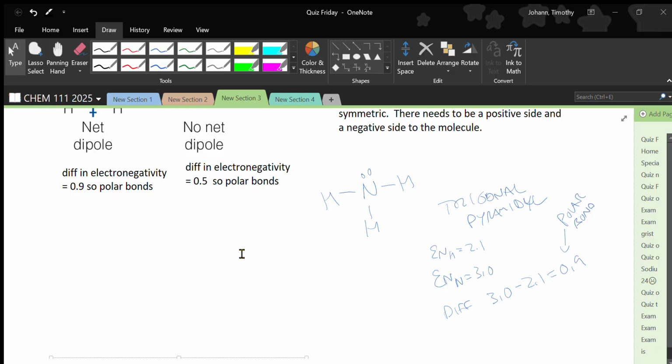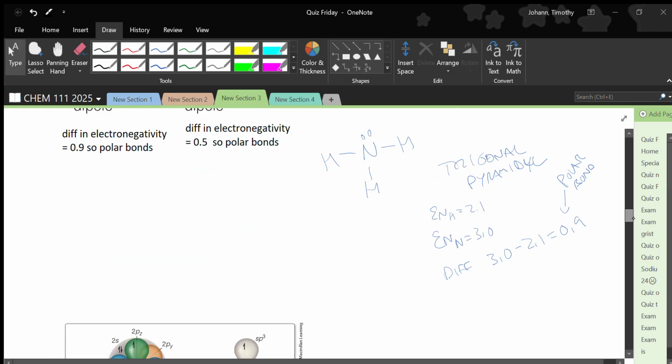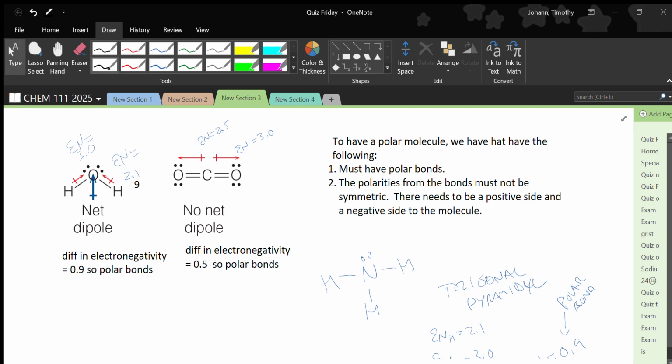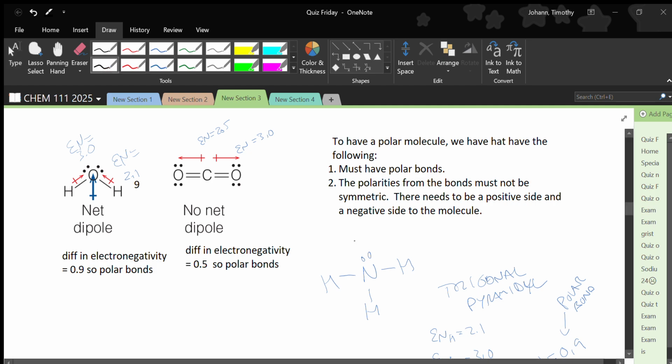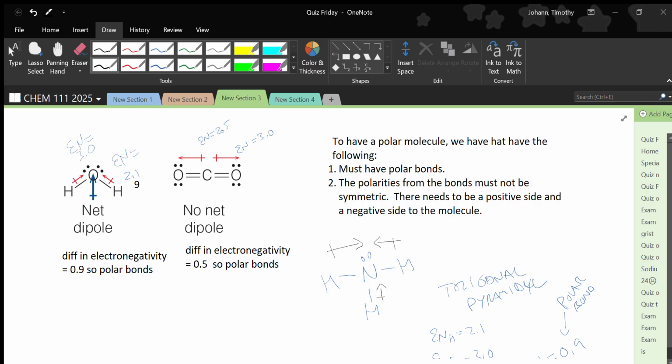The nitrogen, right, thank you. So what I can do is I can draw these little arrows, showing that it's more negative in that direction.